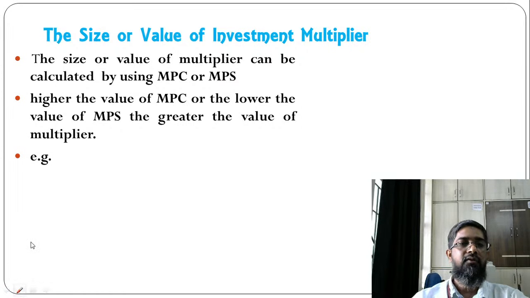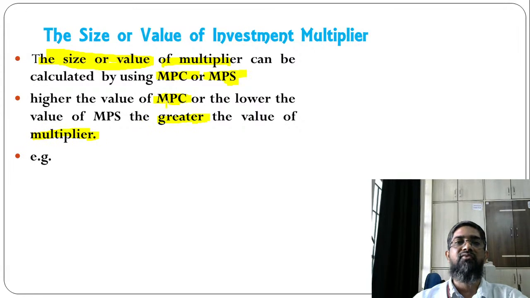The size or value of the multiplier, the value of k, depends on MPC or MPS. Higher the value of MPC, greater will be the value of the multiplier.